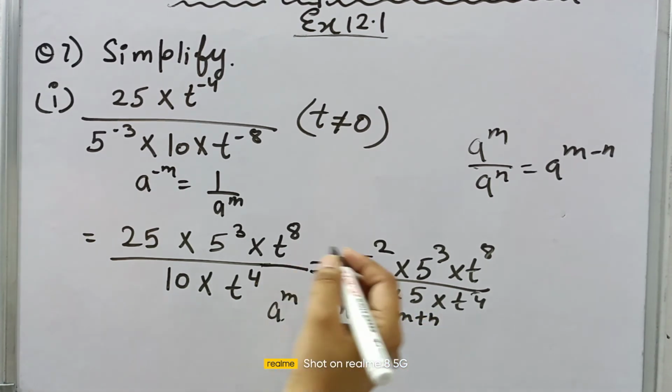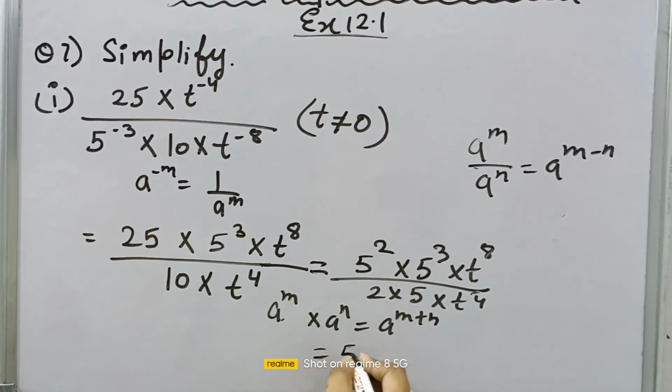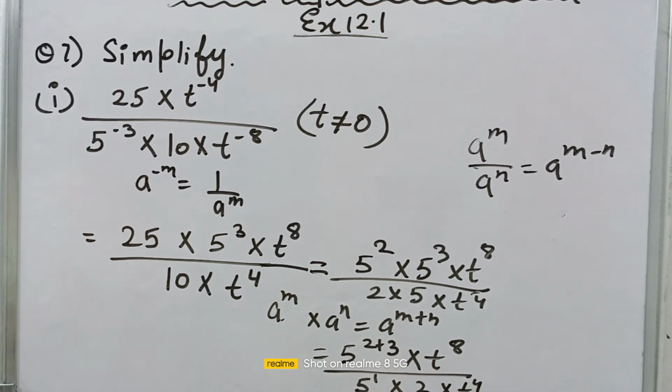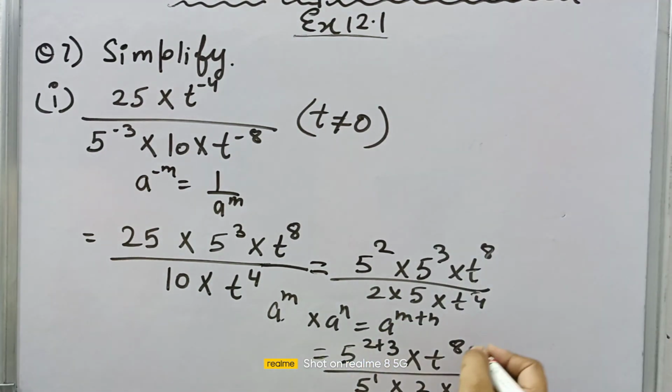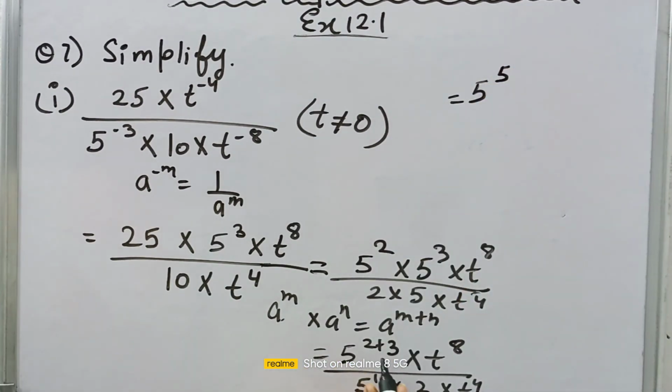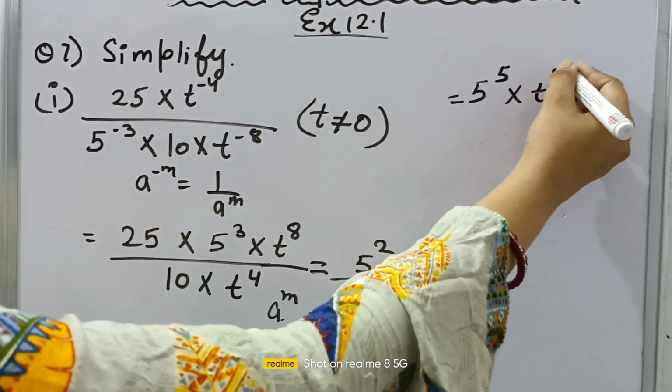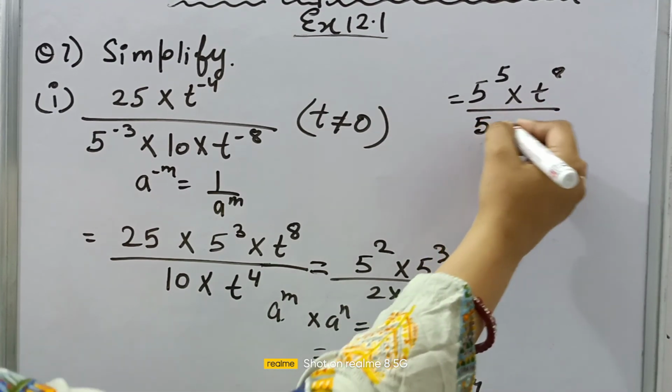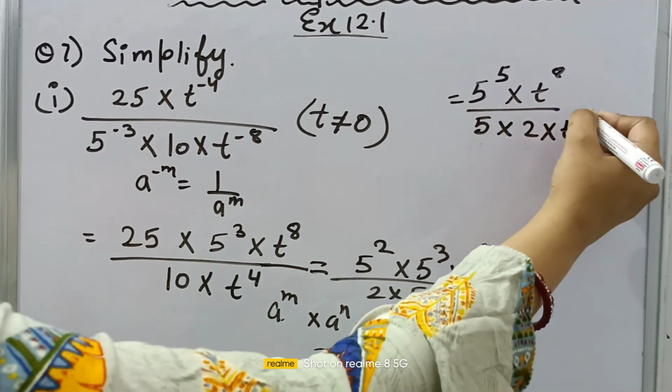By applying this, we can write 5 raised to the power 2 plus 3 multiplied with t raised to the power 8 upon 5 raised to the power 1 into 2 into t raised to the power 4. So by this it becomes 5 raised to the power 5, 2 plus 3, 5 multiply t raised to the power 8 whole upon 5 multiply 2 multiply t raised to the power 4.